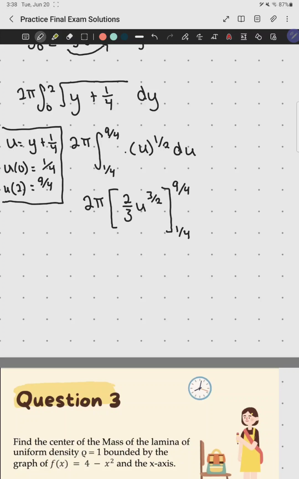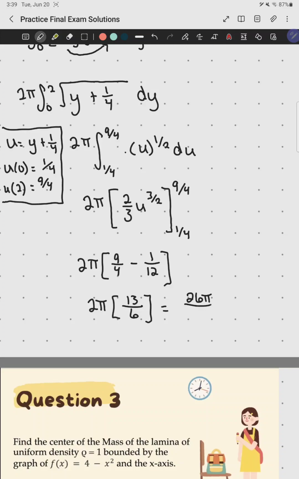So if we take our 2/3, plug in 9/4, then subtract, we get 2 pi times 13 over 6, which is 26 pi over 6.